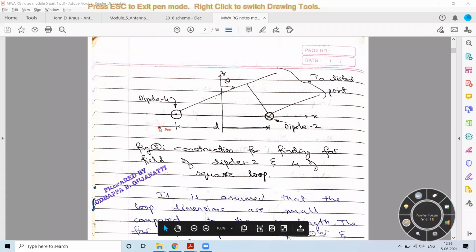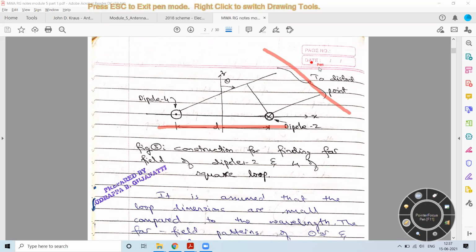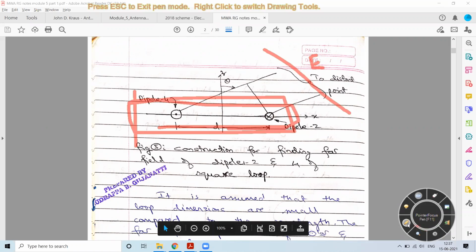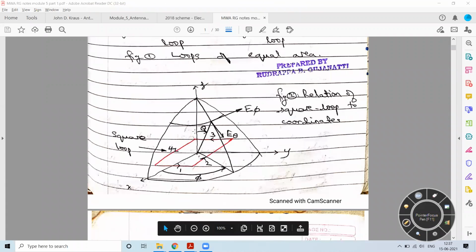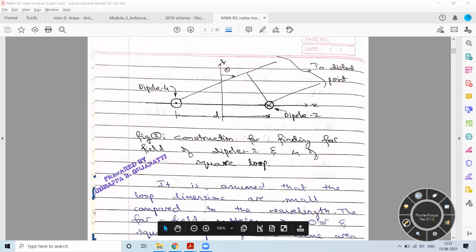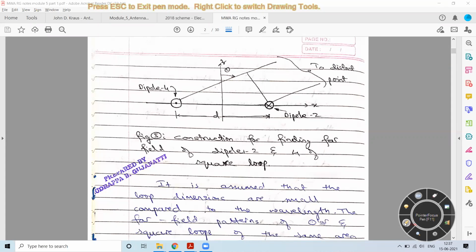Now considering this system, we try to observe at a distant point what the total field is due to this entire structure. Here we are considering the elevation angle, whereas in previous cases we had considered the azimuth angle and done the derivation.